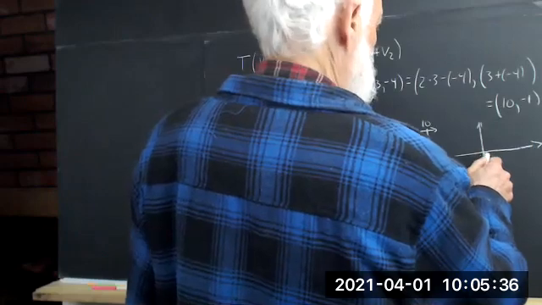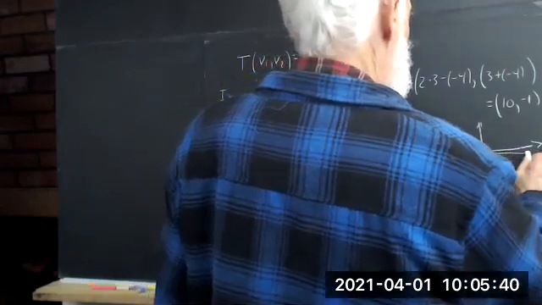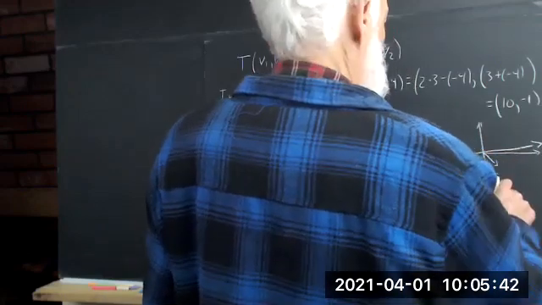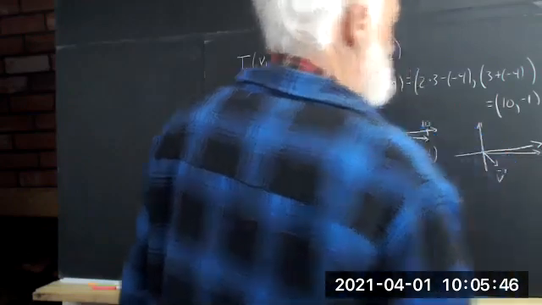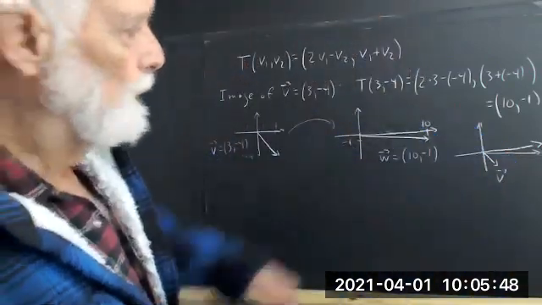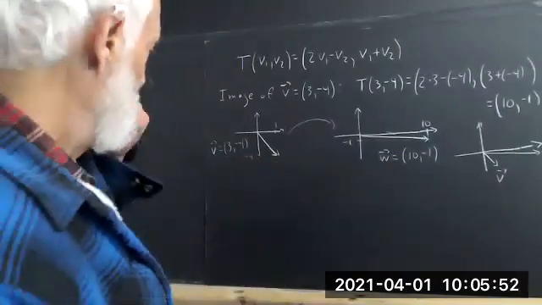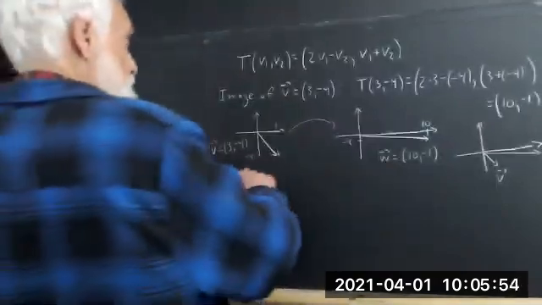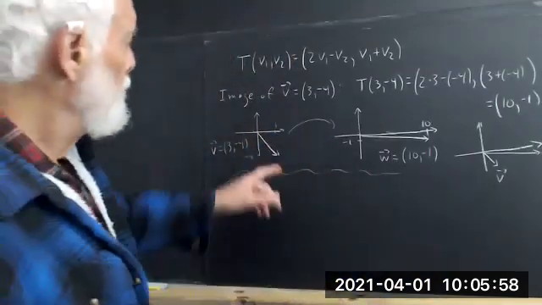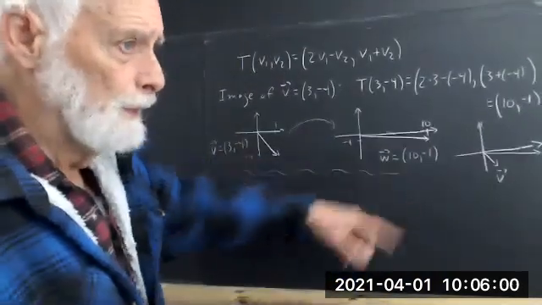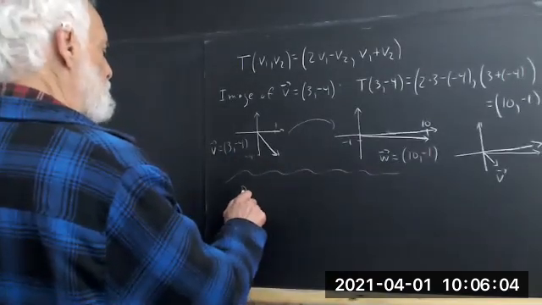I'm going to use a slightly different scale. So here would be our vector v. Here would be our vector w. And you see what happens to v. I think you can see it just as well here, but no problem either way. Pretty easy to see what's going on. Okay, now what about the pre-image?